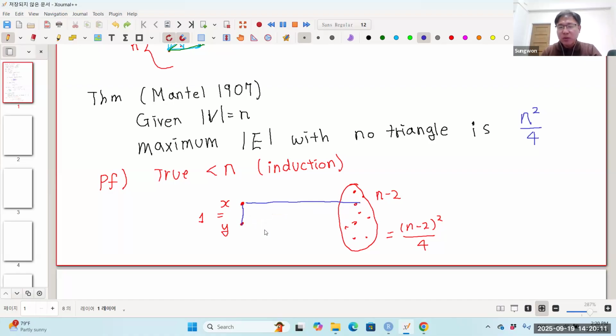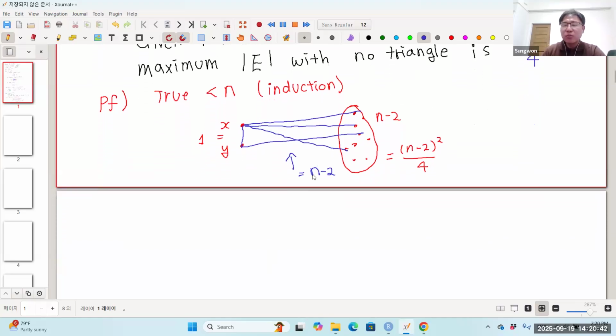So they should not have common neighbors, but should still maximize the number of edges. So there should be n minus 2 edges at max. If it is more than n minus 2, then there should be a common neighbor of x and y, and you get a triangle.